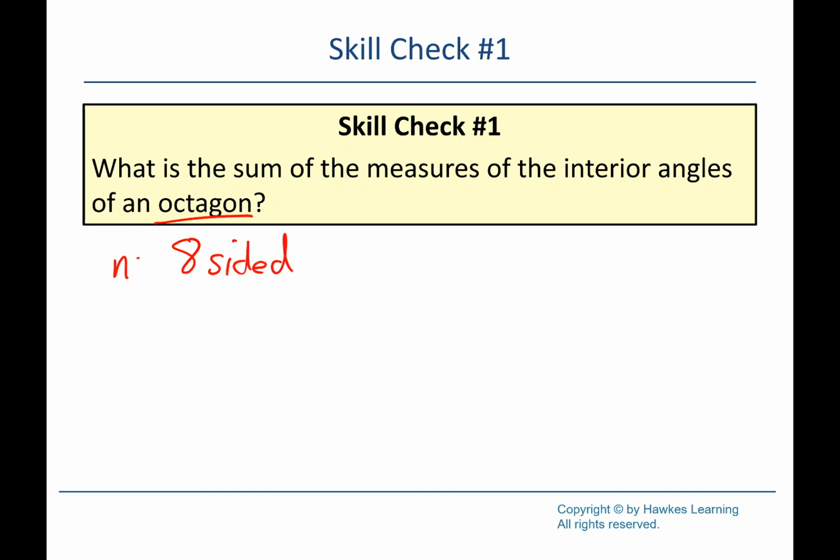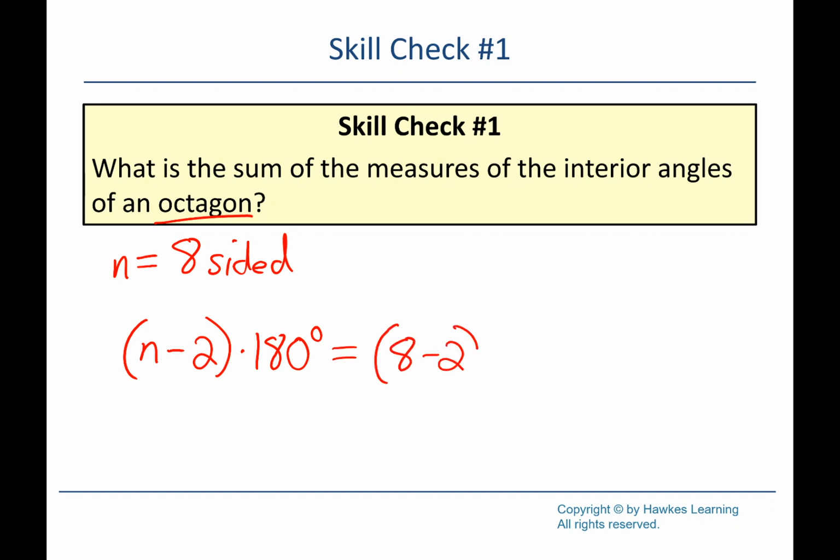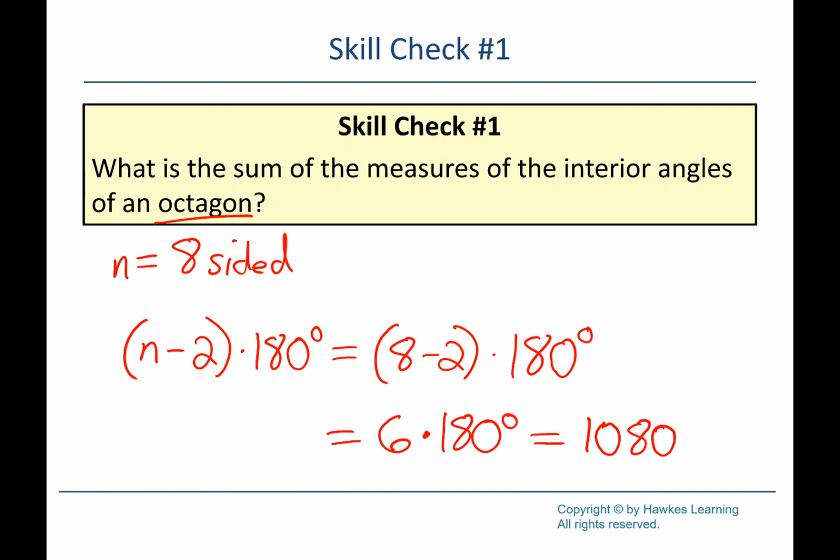So here's our formula. 8 minus 2 is 6. 6 times 180 degrees. What'll we get there? 1080 degrees. Just plug it into the little formula.